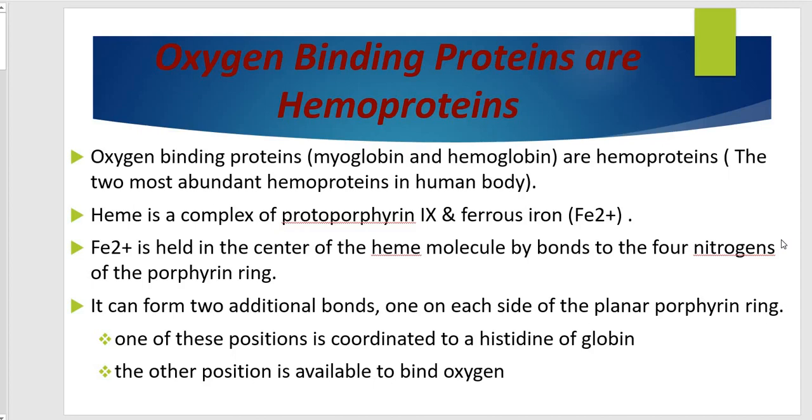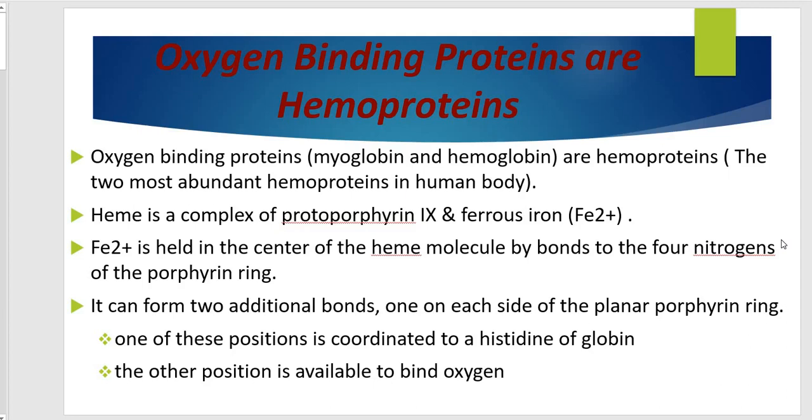Ferrous iron is held in the center of the heme molecule by bonds to 4 nitrogens of the porphyrin ring, which is the protoporphyrin 9. We will study this ring in detail in heme metabolism.